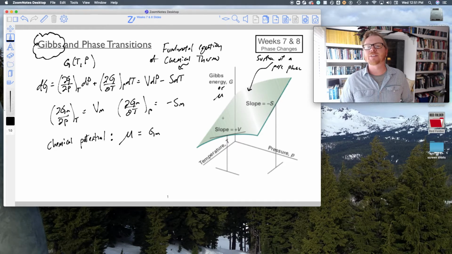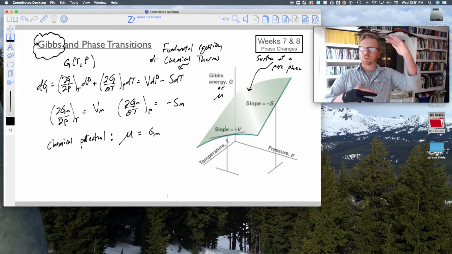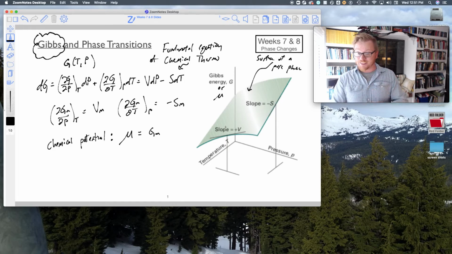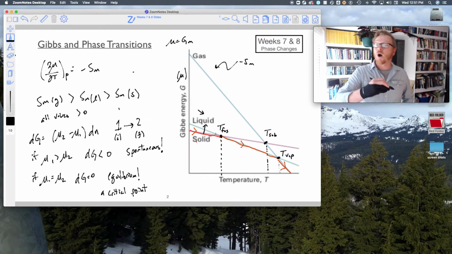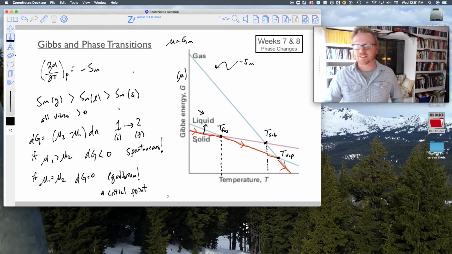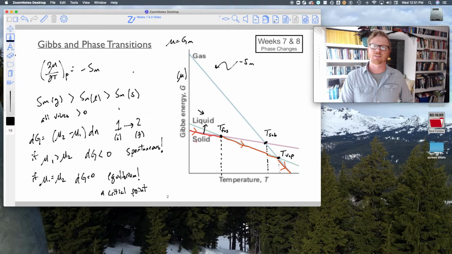Well, what I would need to do is calculate this surface free energy or surface chemical potential of the liquid, the solid, the gas, put them all together on the same plot, and where we see them crossing like this, that's where we get phase transitions. And we note that it's not going to be a single point where they cross. Rather, it's going to be a whole series of points where they cross because these are three-dimensional surfaces.